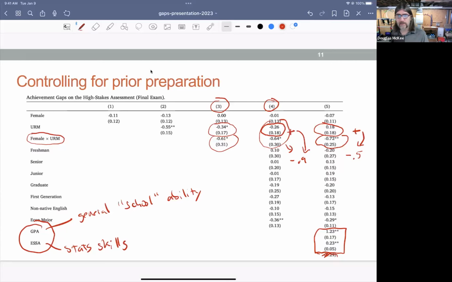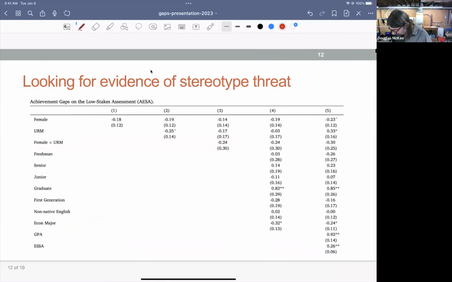And so the next step is to say, well, this is a very high stakes test. Does all of this happen with the low stakes test? And we find with the low stakes test there's a moderately significant URM effect, and that goes away entirely once we control for prior preparation. Okay.